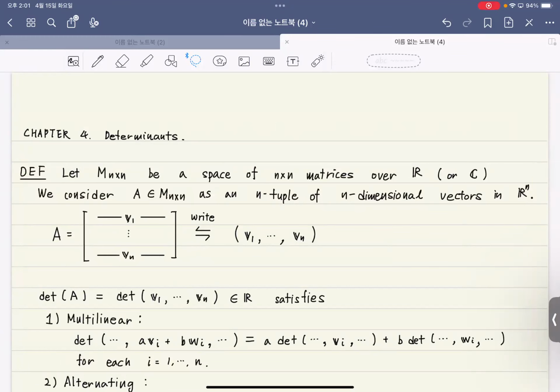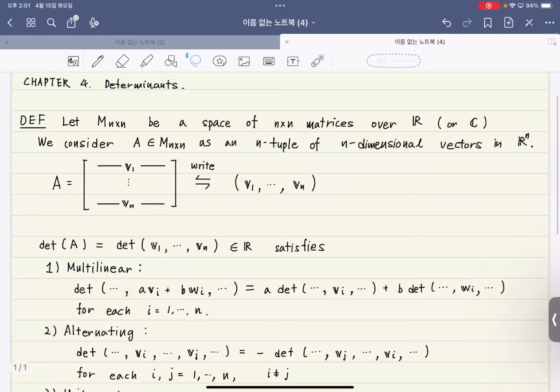Okay, so this is a determinant. In this chapter, we will be mainly interested in the square matrix. If I do not mention any further, then you will automatically consider that every matrix in this chapter is a square matrix.